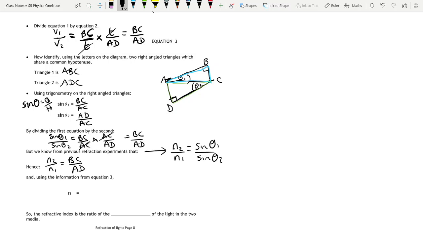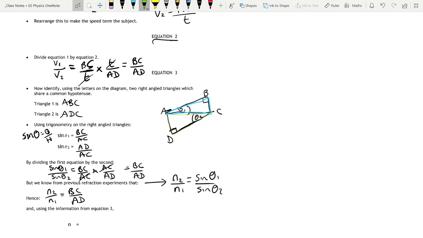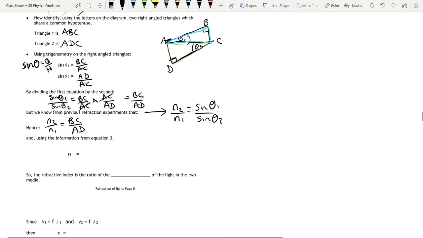Okay, now back up to equation 3 here. We also know that something else is BC over AD, it's V1 over V2. So using the information from equation 3, we now know that N2 over N1 is BC over AD, which is V1 over V2.